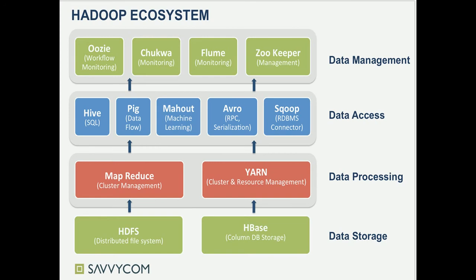For data processing, MapReduce and YARN are used to process the data residing in HDFS. For data access, Hive, Pig, Mahout, Avro and Sqoop are used to submit queries to MapReduce or HDFS, and you get the desired results. These components are used for data access.